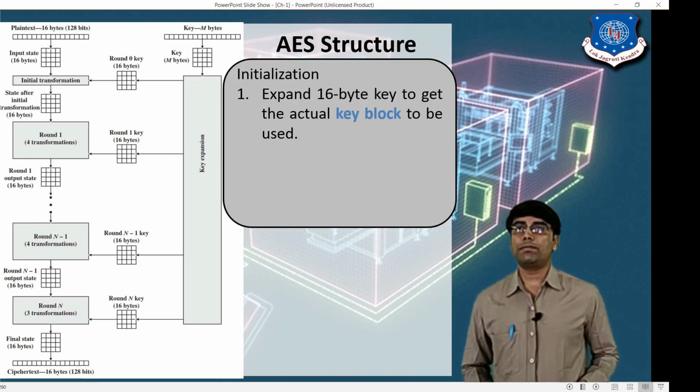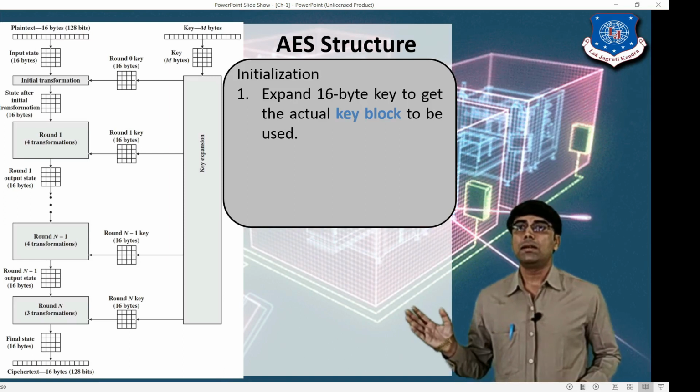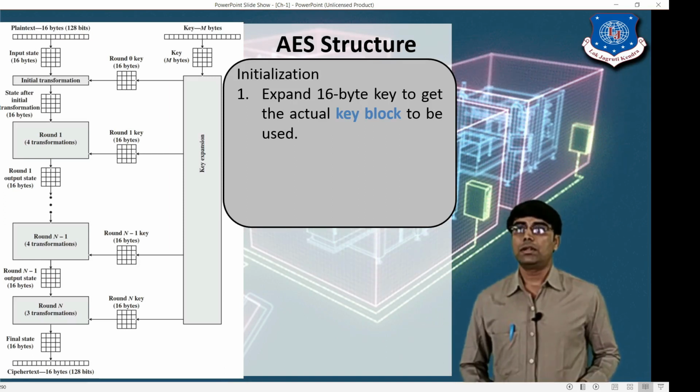Again, here we are performing 4 types of transformation, and we are passing the key also, and the key size is also 16 bytes. After applying the round 1 operation, it generates some output, and this output is stored in a state matrix. Now we will do the same process up to round 9.